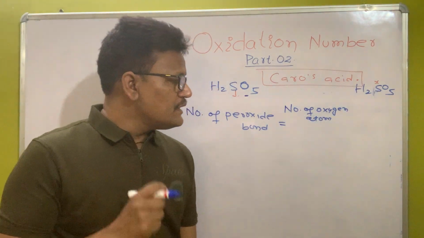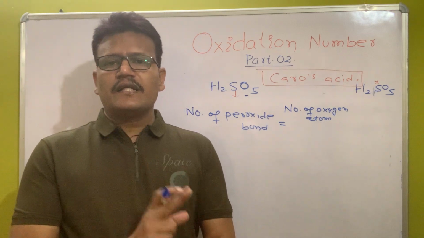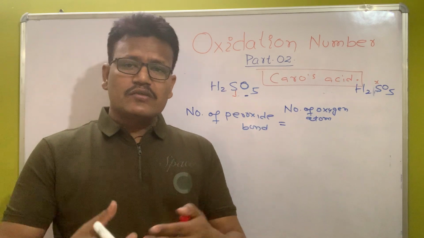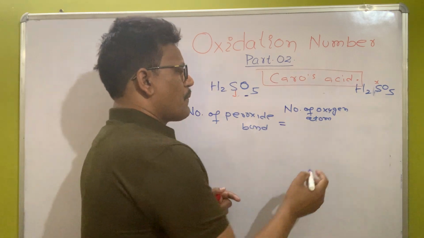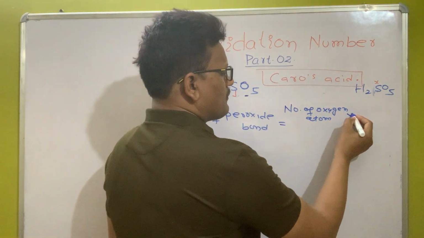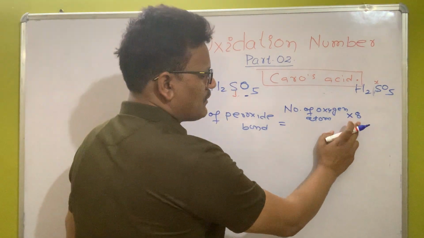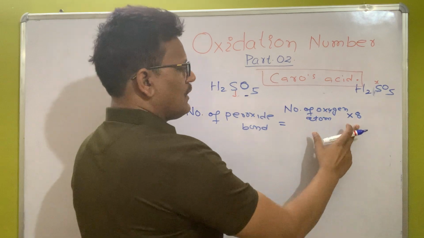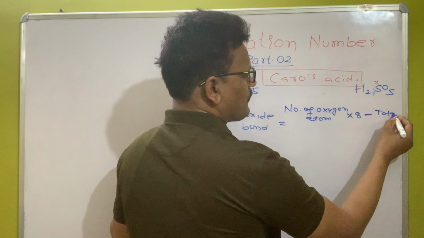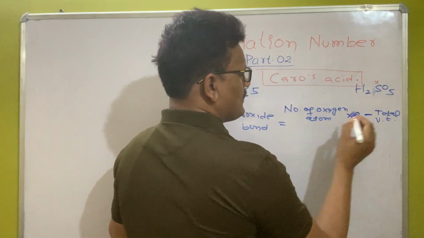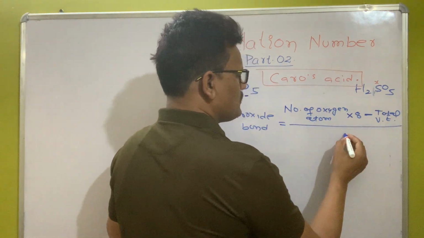and we know each oxygen atom tries to have 8 electron in its outermost shell because of octet rule. So multiplied by 8, and 8 represents the number of electron, minus total valence electron, total valence electron divided by 2.